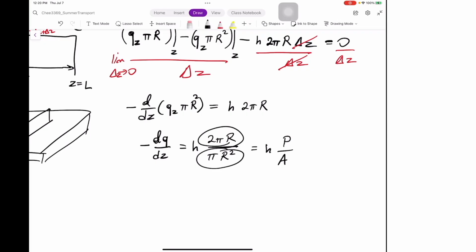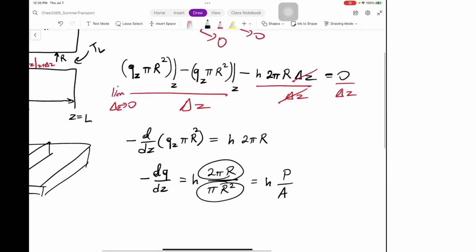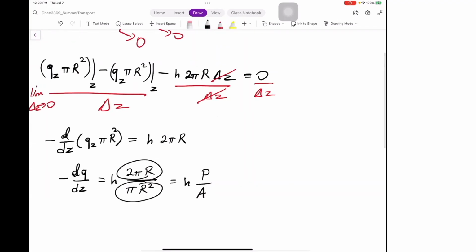Should the h term be multiplied by T minus T infinity? Oh yeah, that is. T minus T infinity, exactly.